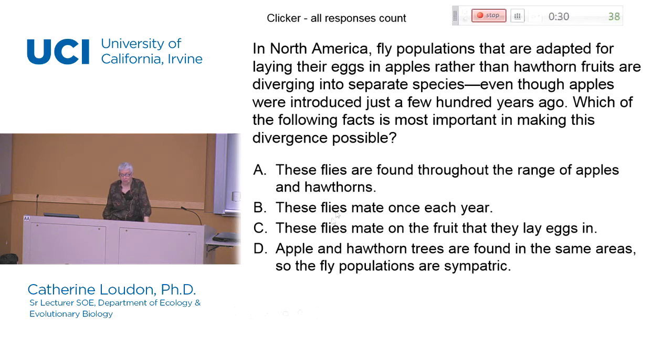B, these flies mate once a year. C, these flies mate on the fruit that they lay eggs in. Or D, apple and hawthorn trees are found in the same areas, so the fly populations are sympatric. If you're not sure, chat with your neighbor, think about what is actually facilitating the divergence between these two populations. Chat with your neighbor, click in, and I'll see where you are in 20 seconds or so.